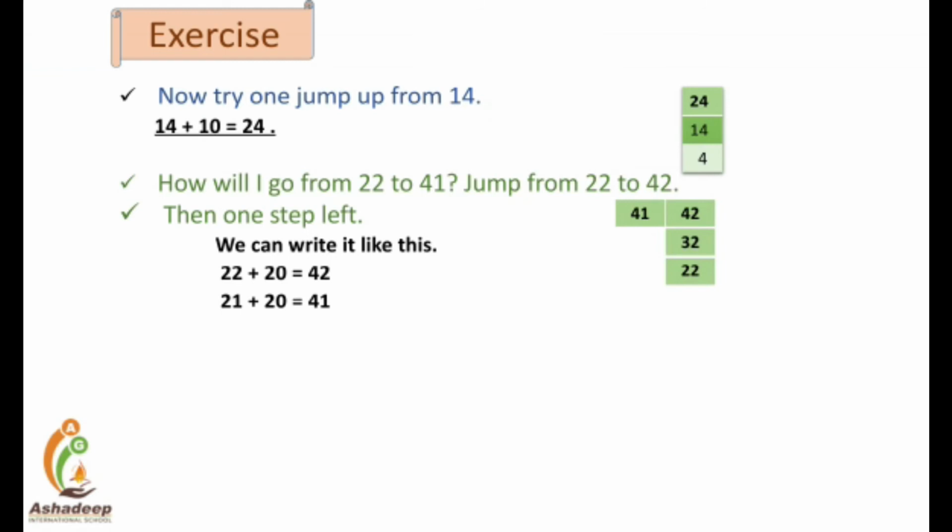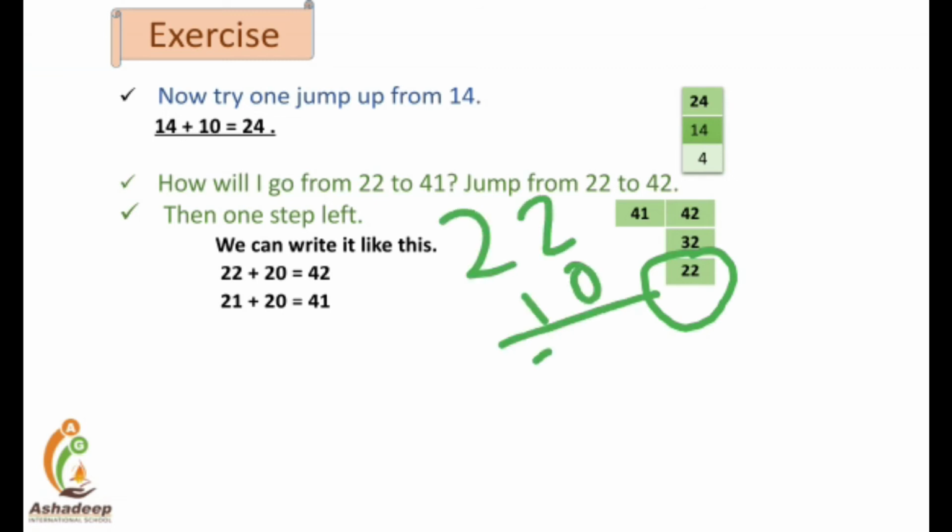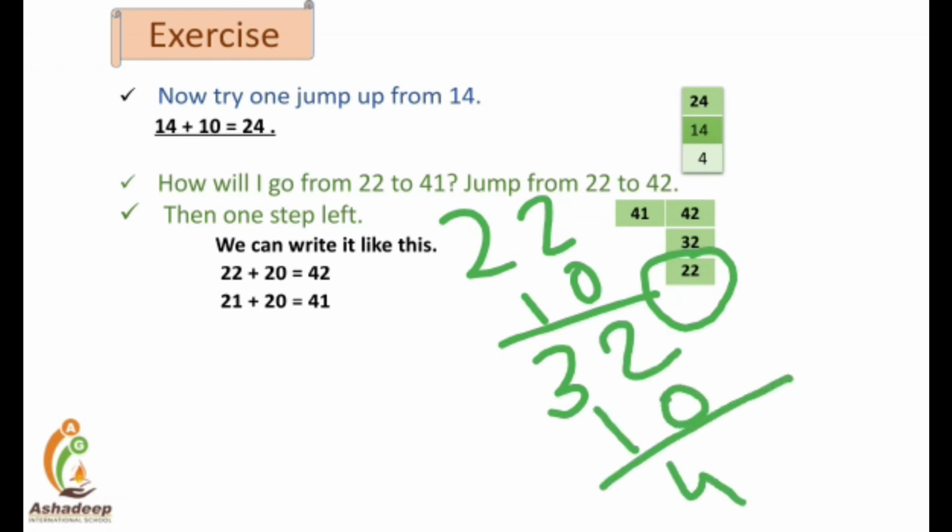So the first number is 22, right? Then 32 means 22 plus 10, so we get 32, 32 plus 10, so we get 42.